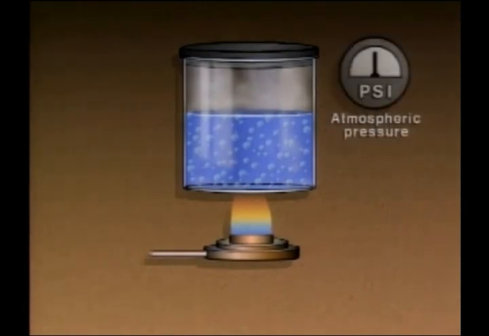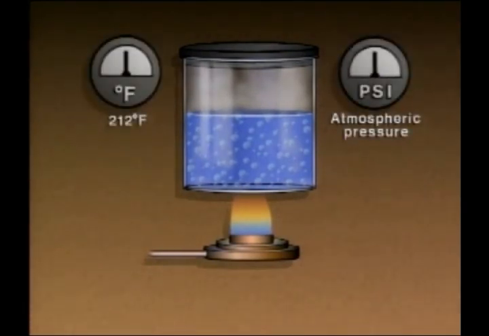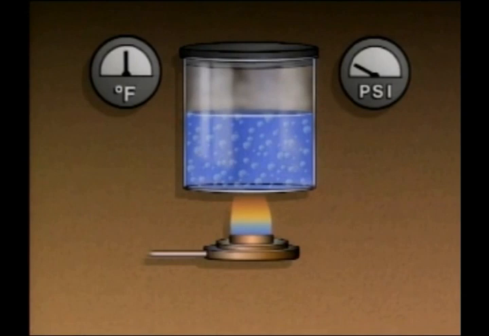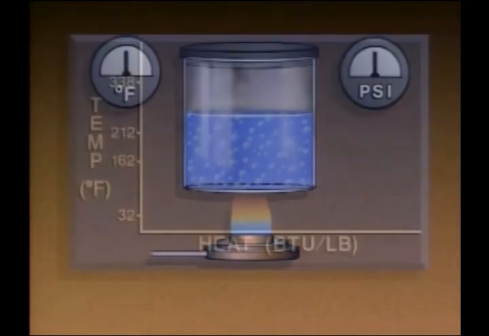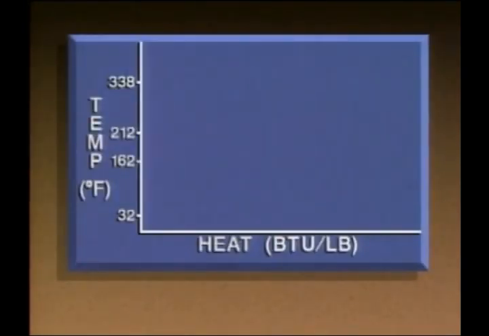For example, at atmospheric pressure, water boils at 212 degrees Fahrenheit. But at pressures lower than atmospheric, the boiling temperature decreases. At pressures above atmospheric, the boiling temperature of water increases. To show how temperature, pressure, and heat are related to the boiling point of water, we can construct a graph.